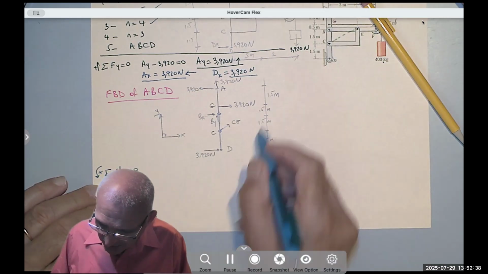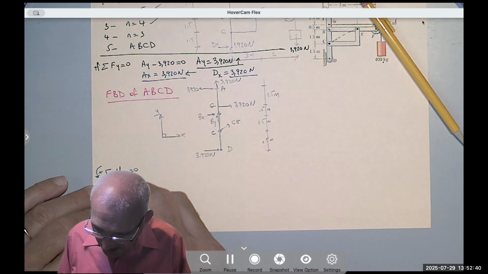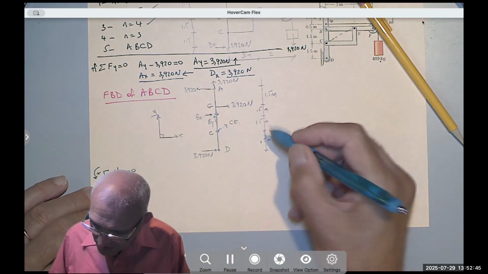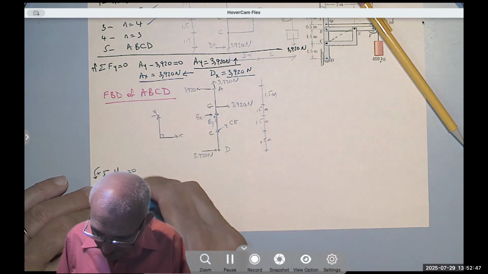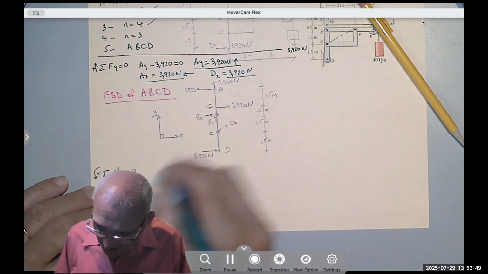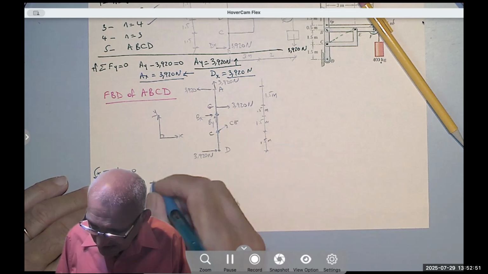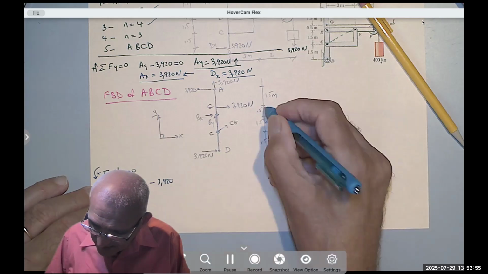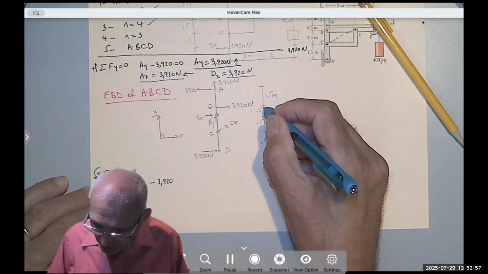So this rotates counterclockwise, 3920 times, I'm taking the moment about C, so the distance is 1.5. 3920 is rotating clockwise, so that's a negative. So minus 3920 times 2, 1.5 plus 0.5.